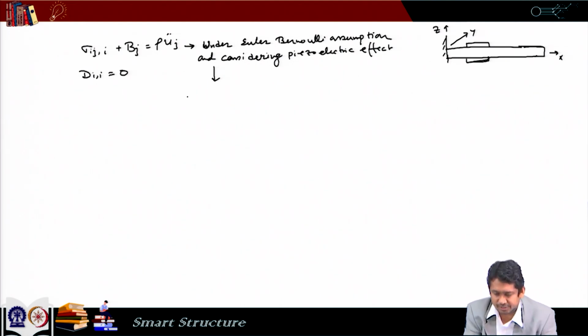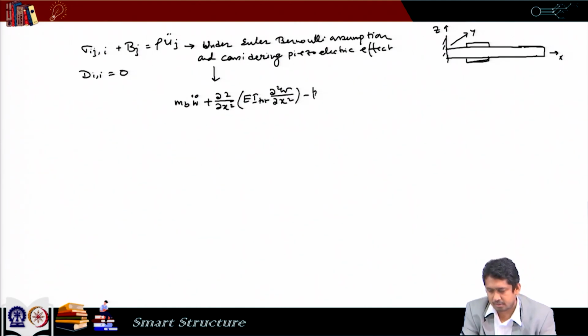The corresponding governing differential equation is m_b w double dot plus del 2 by del x 2 of EI total del 2 w by del x 2 minus P_z minus del 2 m_p by del x 2.